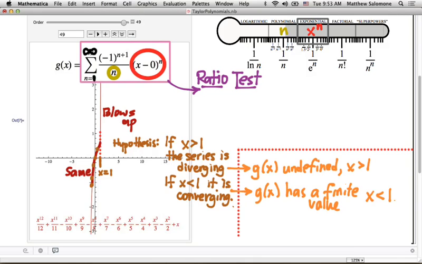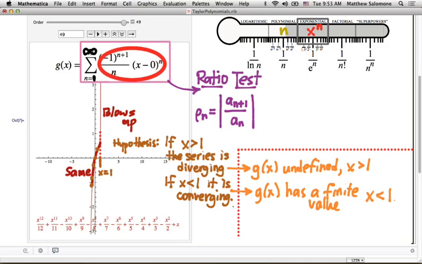So what I'm going to do is again set up the ratio, the nth ratio, which we called rho sub n, of our series, which this time I'm going to preserve the absolute value in it. It's the n plus first term of our series divided by the nth term of our series, that ratio taking an absolute value. But this time, the n plus first and nth terms of our series each have an x in them.